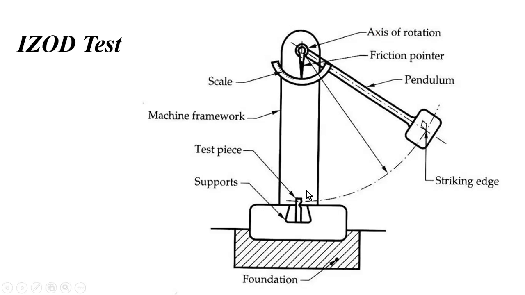It's going to hit it with an energy of 162 joules at a velocity of 3.8 meters per second. So it is quite strong. And if this pendulum breaks this Izod specimen, the friction pointer on the scale will let you know how much energy it takes for the impact into your sample.